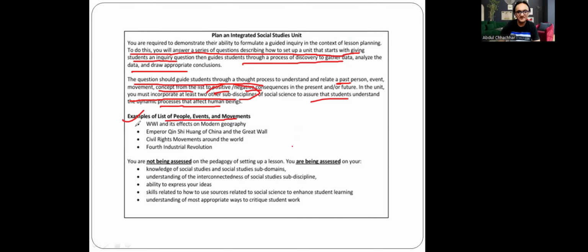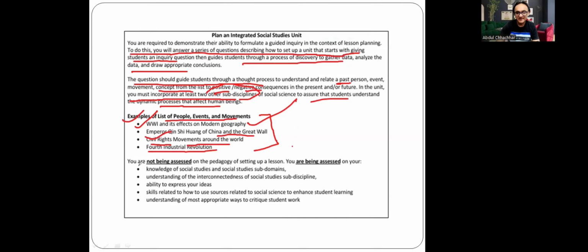First, World War I and its effects on modern geography. You are going to answer it. Emperor Qin of the Chinese dynasty and the Great Wall. Civil rights movements around the world. Fourth Industrial Revolution. Now, these are the topics or questions that you have to answer when you are designing.